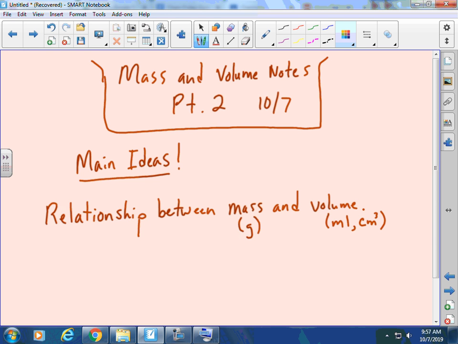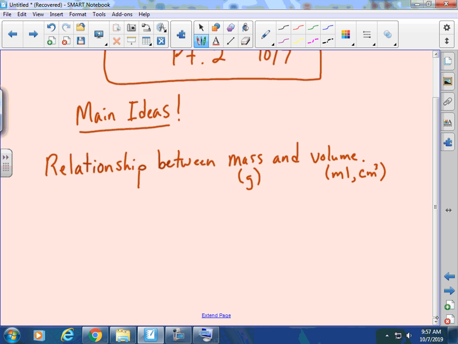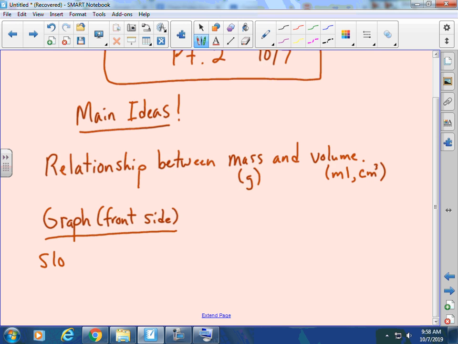All right, first I want you to look at your first graph. This is on the front side. The graph on the front side, we're finding different slopes.